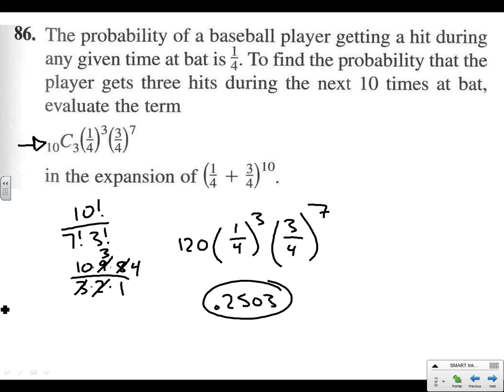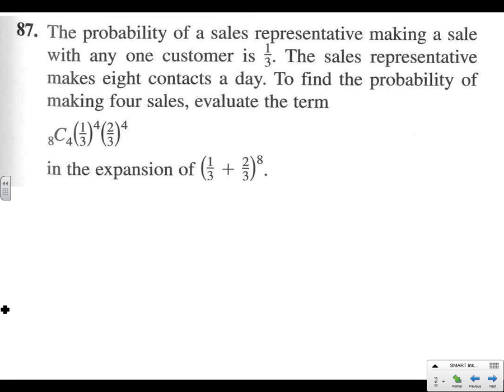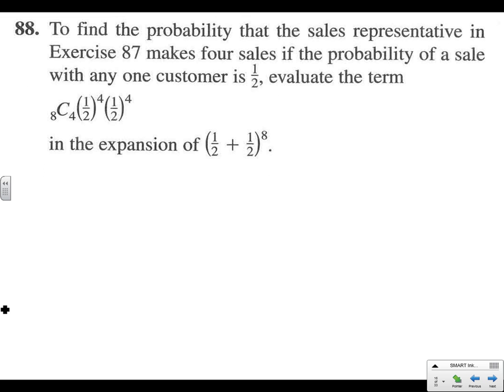So he's 25%, a little bit more likely than 25% to get 3 hits during the next 10 times at bat. Let's try 88. Same, almost exact problem here.